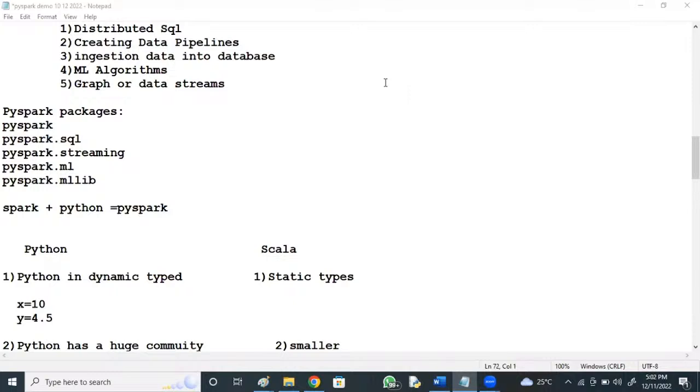Generally, we have got HDFS. Just I'll show you this.